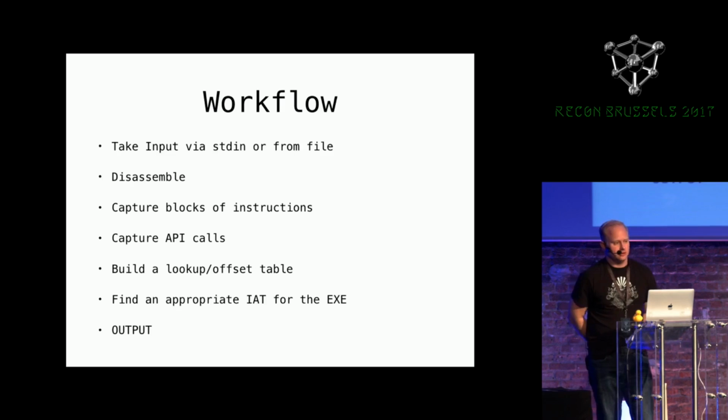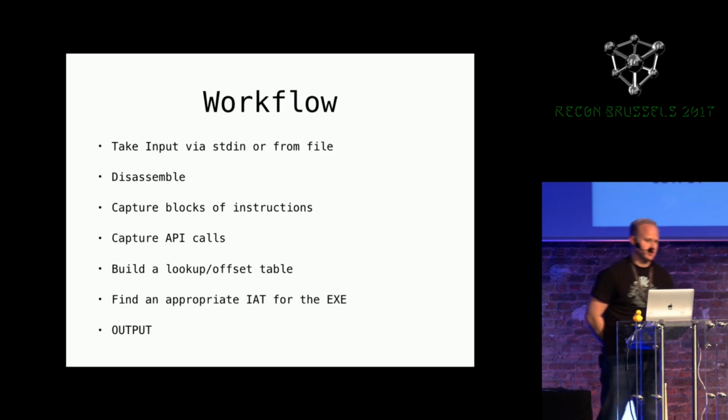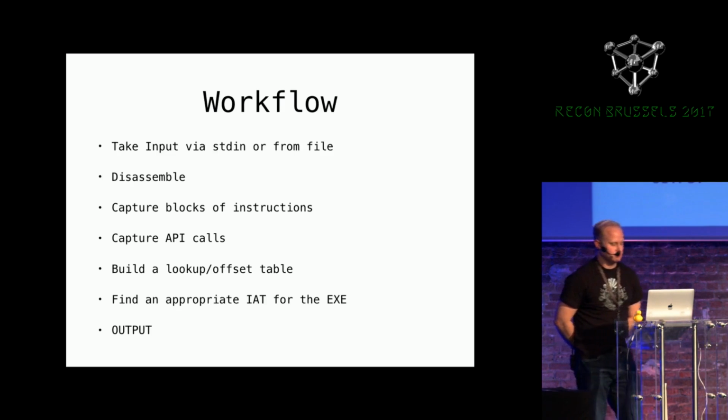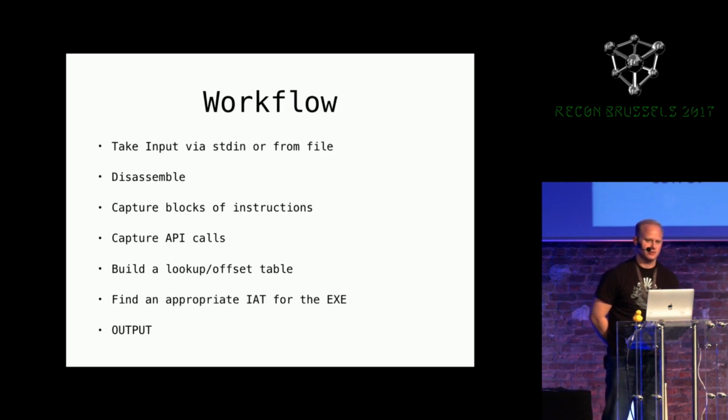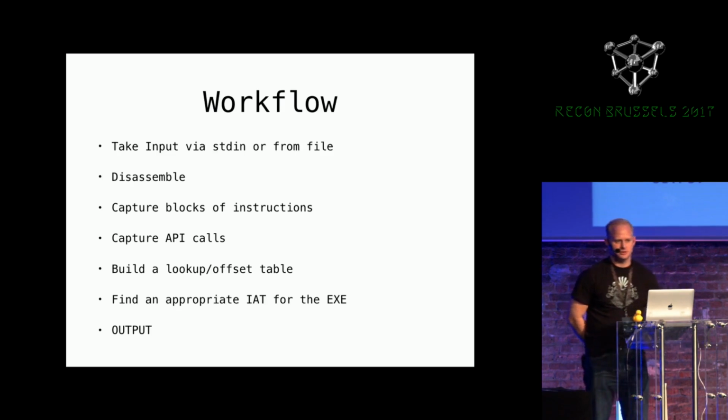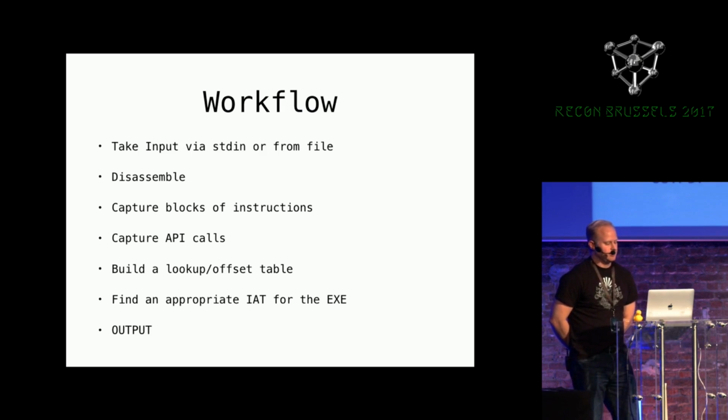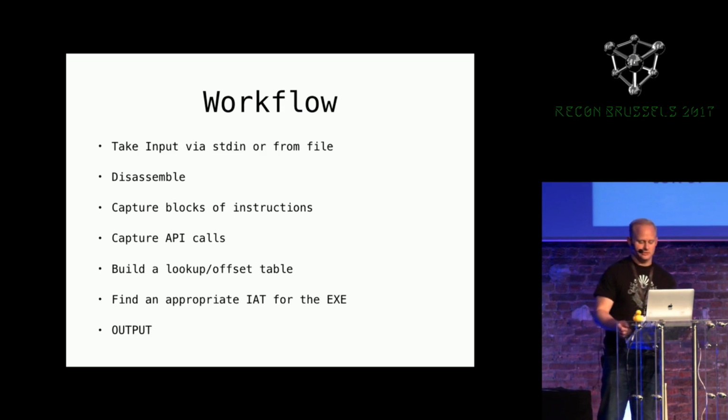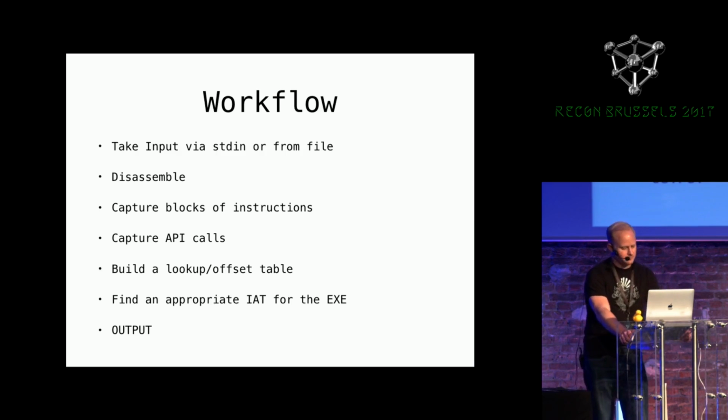So the first 4 steps are the same, right? Take input, disassemble, capture blocks, capture APIs. So I reused some code, so that was good. But then I had to build a lookup table, and then I had to find the appropriate import address table for the executable, and then I have to have appropriate output for whatever you need it for.